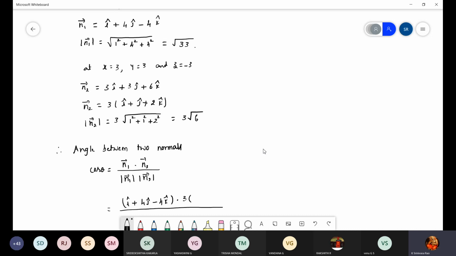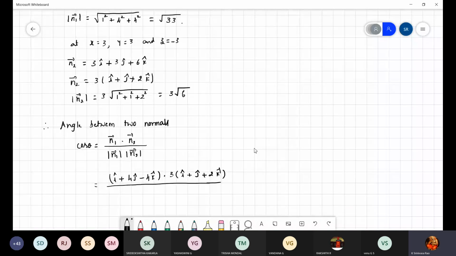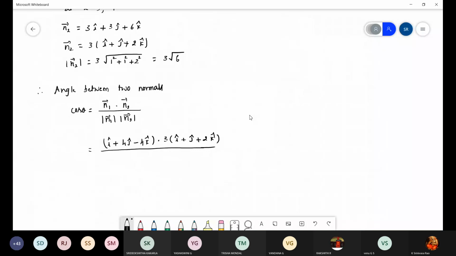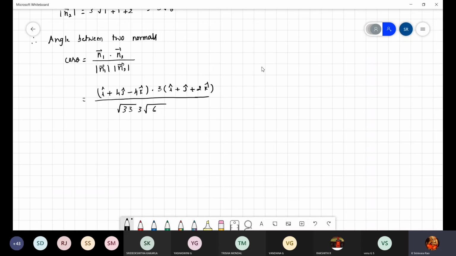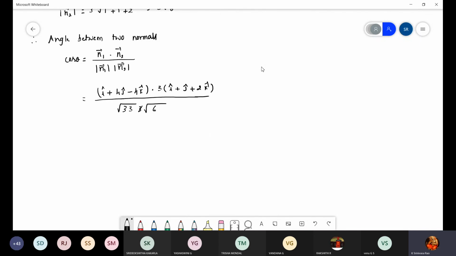You can write it before n1 also, or let it be 3 times i plus j plus 2k, divided by magnitude of n1, which is root 33, into magnitude of n2, which is 3 root 6. Now you can simplify here. 3 and 3 you can cancel, the dot is there.